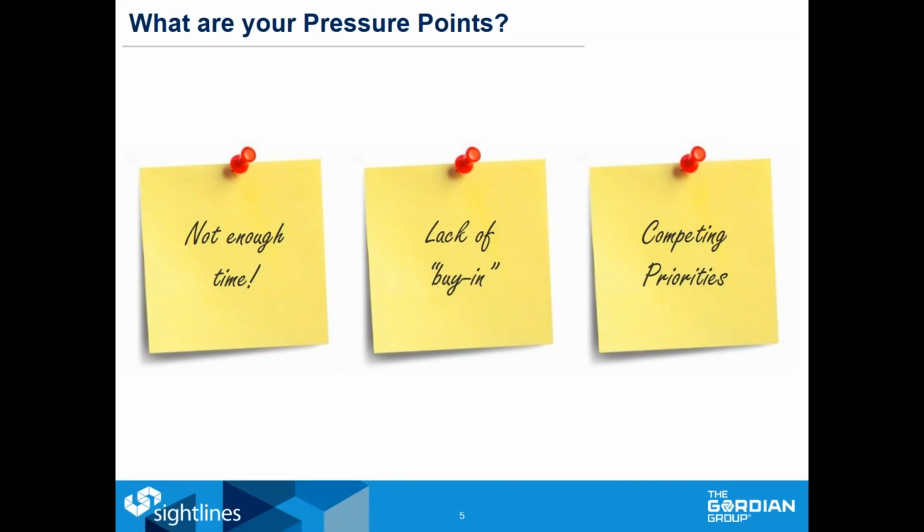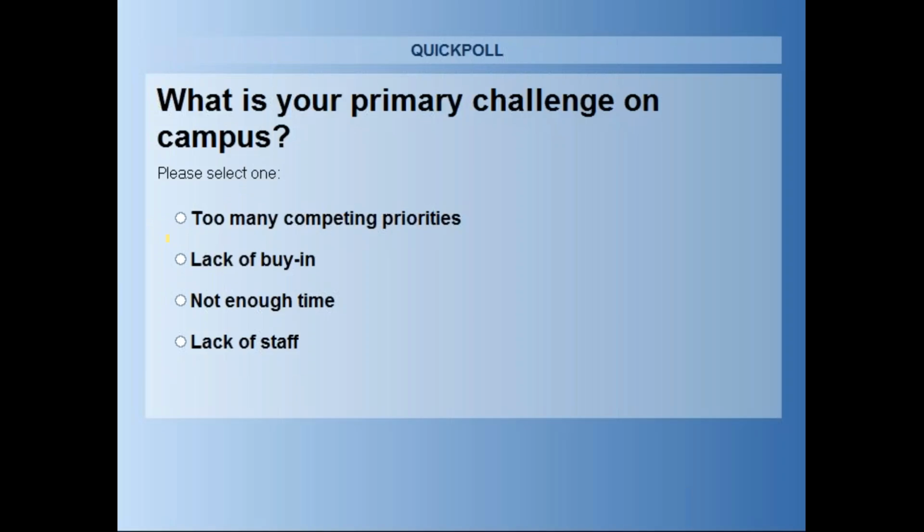All right, thanks, Heather. All right, everyone. So the poll will be launching in 3, 2, 1. We'll be tracking the respondents along the way. So far, we're getting a ton of engagement. Lack of buy-in appears to be the front runner at this point, followed closely by lack of staff.